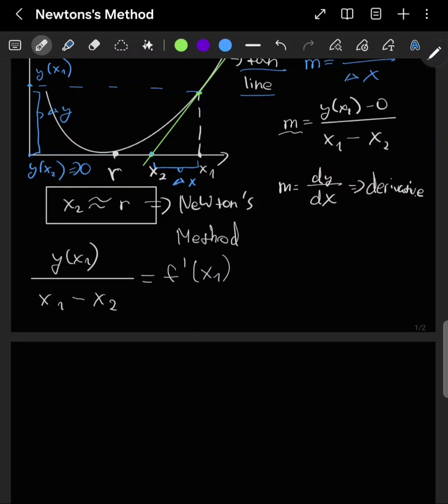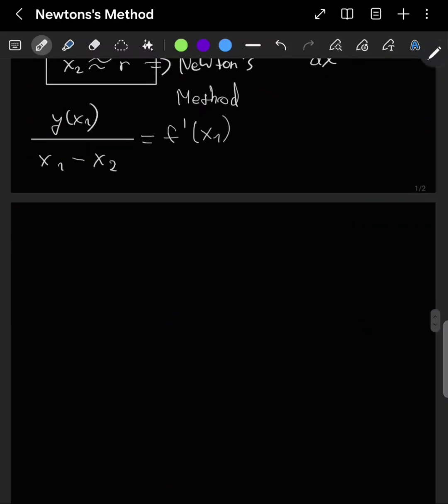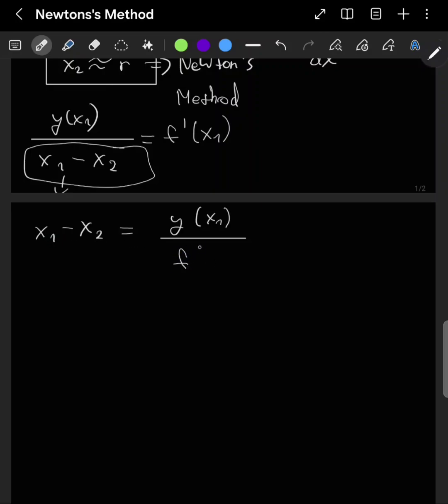That is the slope of the tangent line at x1. So now let's find this x2 point, right? So x1 minus x2 equals y(x1) over f prime of x1.